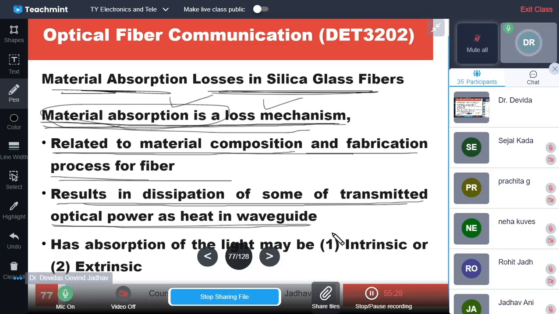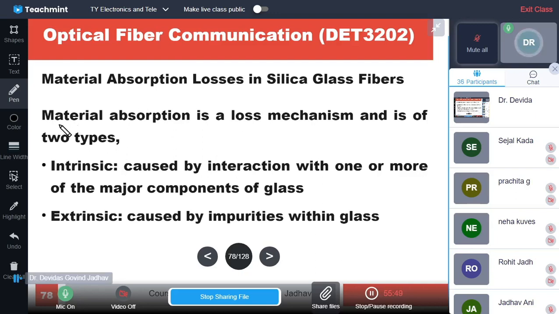So the material which causes the loss of photons, loss of optical power, is an intrinsic loss, and the material which is extrinsic that causes the loss is an extrinsic loss mechanism. So material absorption is a loss mechanism, and it is of two types. One is intrinsic loss, another is extrinsic loss.